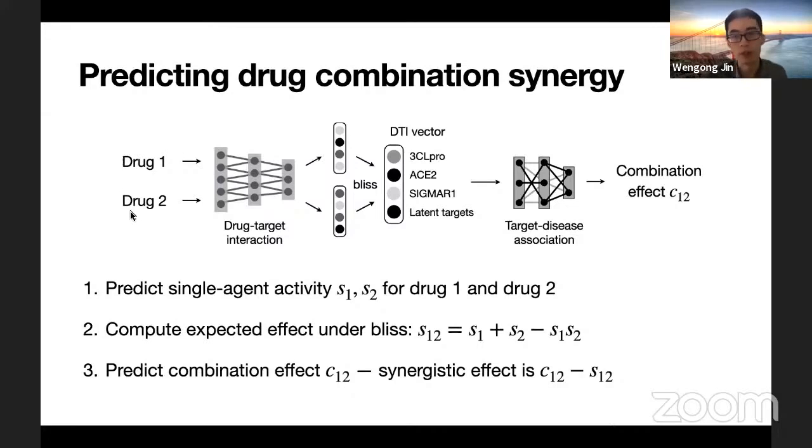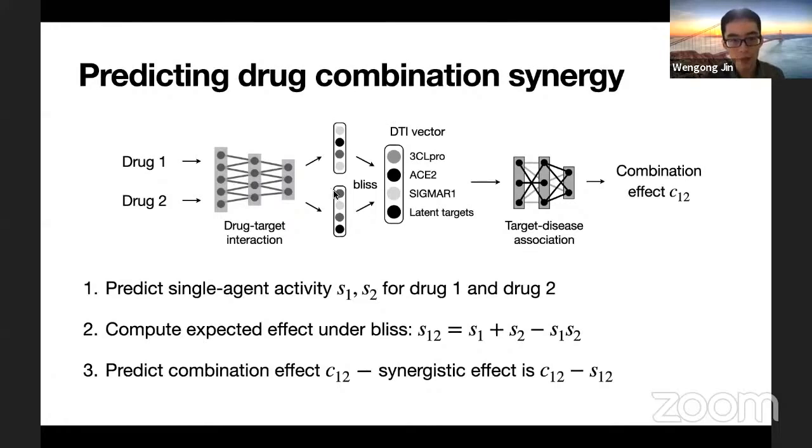Just for simplicity, let's look at two drugs as input, and we feed them to the drug target interaction module, which will give you two vectors, each representing the targets that this drug interacts with.